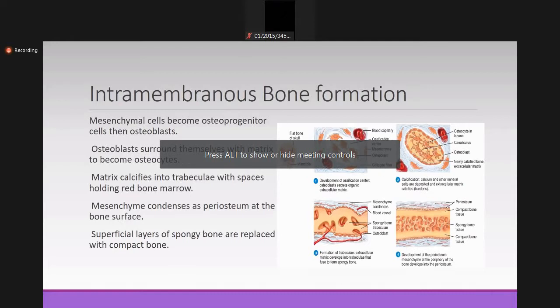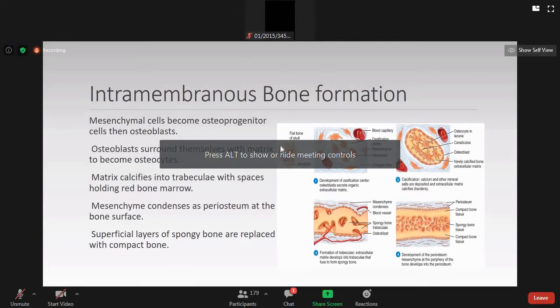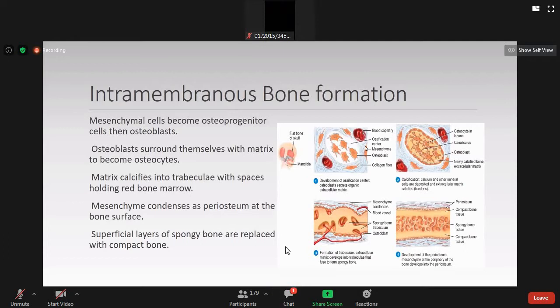So you have these mesenchymal cells which become the osteoprogenitor cells, gradually becoming the osteoblasts. The osteoblasts surround themselves with the matrix and become the osteocytes.